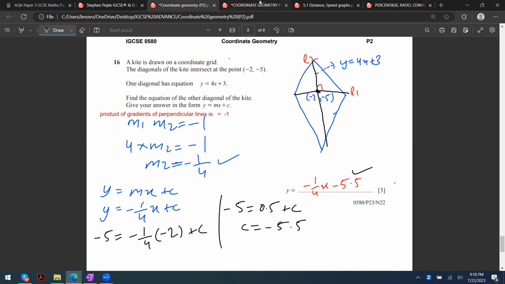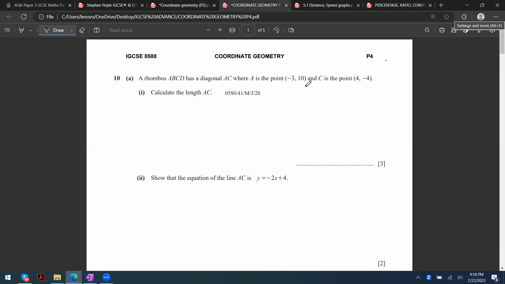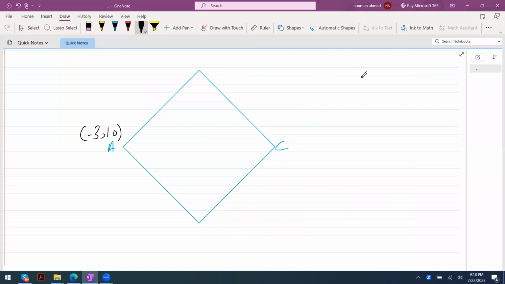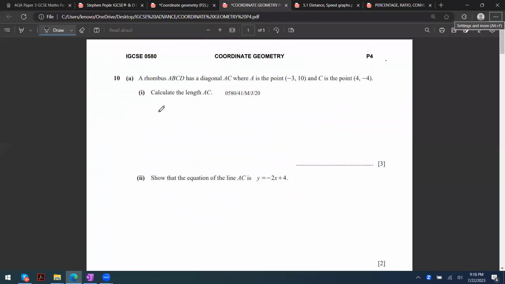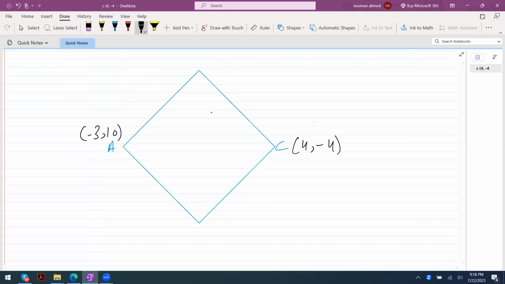Okay, let's continue then. A is (-3, 10), C is (4, -4). So this is B, this is D. And remember something about the shape of a rhombus. The diagonals intersect also at 90 degrees.